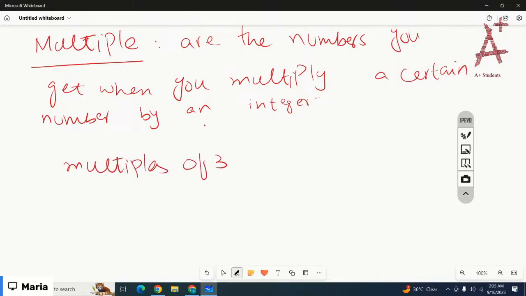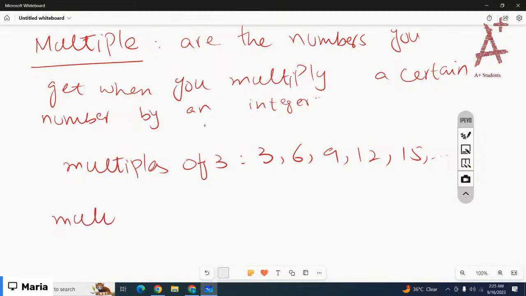Just keep multiplying the numbers with 3. 3 times 1 is 3, 3 times 2 is 6, 3 times 3 is 9, 3 times 4 is 12, 3 times 5 is 15, and so on. You are multiplying 3 with 1, 2, 3, and so on. So these are the multiples of 3.